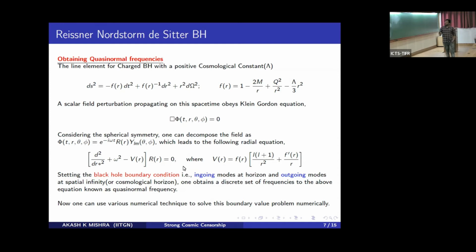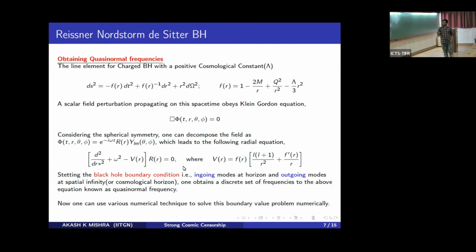The dynamics of a scalar field on a curved spacetime is of course given by the curved spacetime Klein-Gordon equation. Since the spacetime has been assumed to be spherically symmetric, you can decompose phi in terms of spherical harmonics, which will ultimately lead to this master wave equation. Now you impose the black hole boundary condition, that is, the perturbation is perfectly ingoing at the horizon and outgoing at infinity.